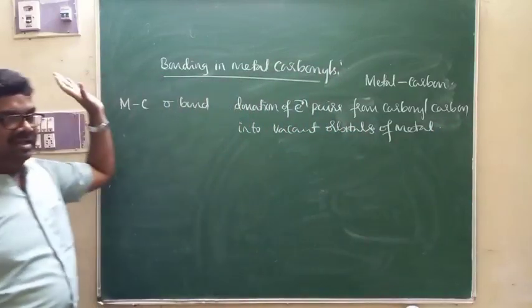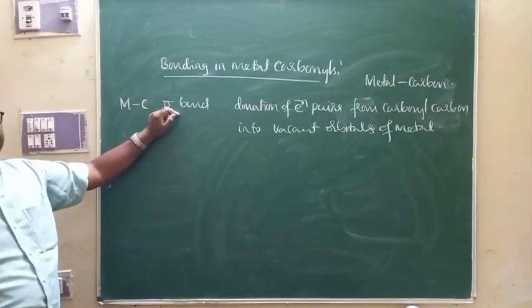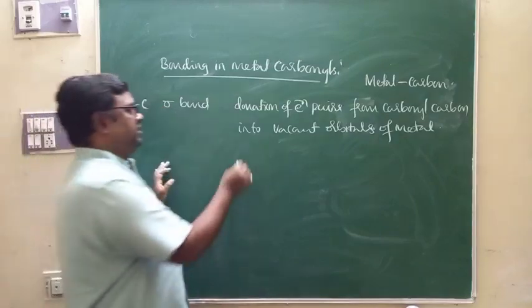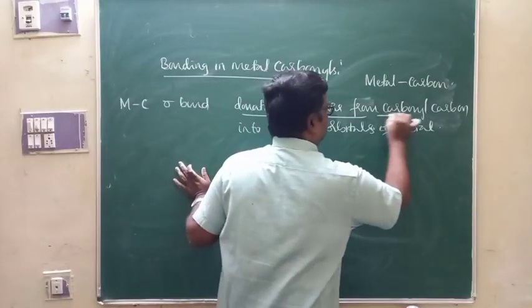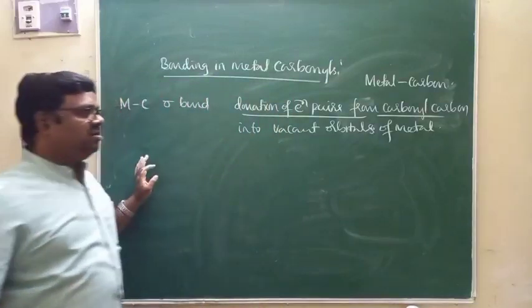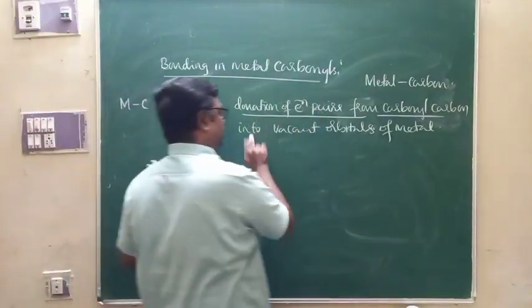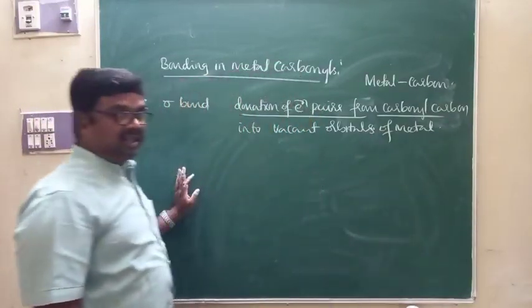This is how that metal to carbon sigma bond is produced. Metal to carbon sigma bond is produced by the donation of electron pairs from carbonyl carbon into vacant orbitals of metal there.